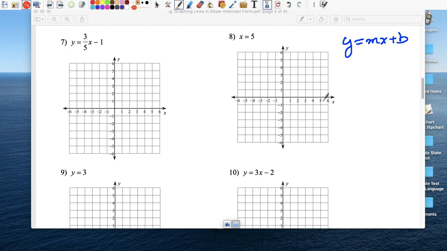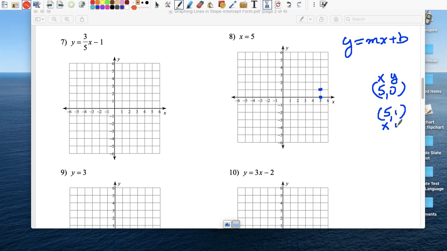Well, here's my x-axis, and this is 5. Let's take a look at that point here. That point is 5, 0. x and y. What's my x value? 5. Can you find another point where the x value is 5? Well, right above it, 5 and 1.